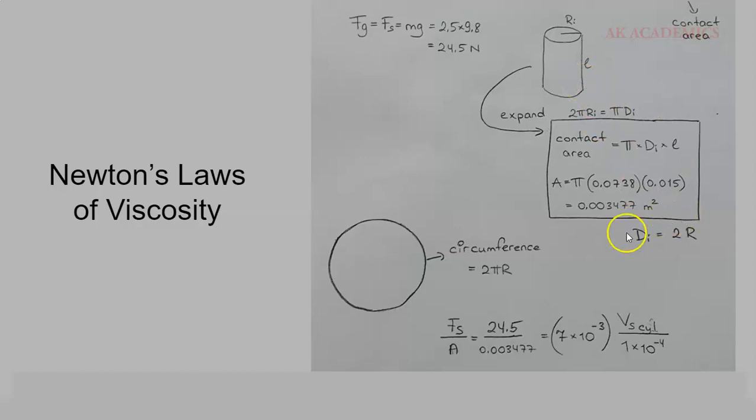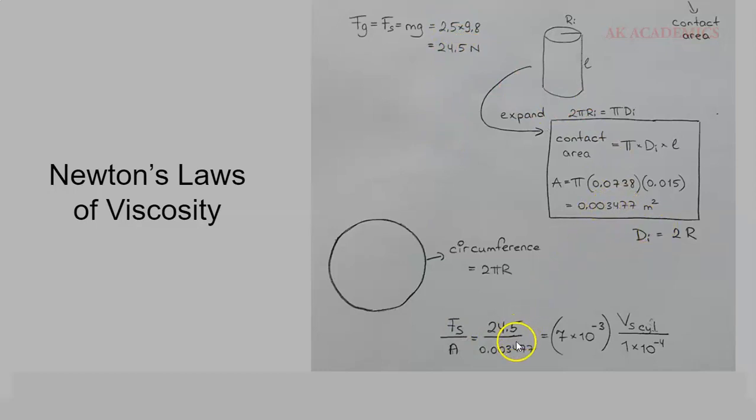All right. So now that we have the contact area for the solid cylinder, we do know that our shear stress will be equal to shear force over area. We know that. The shear force, we calculated that to be 24.5 newtons. The area, we calculated that also to be 0.003477.